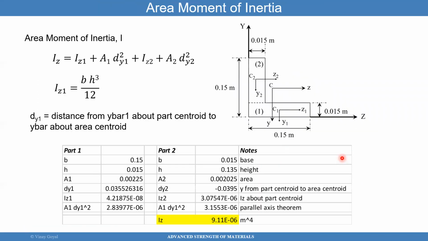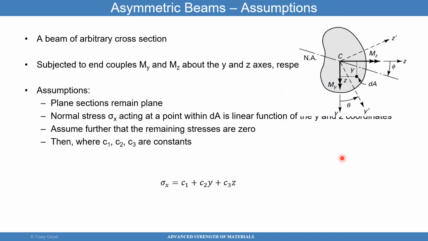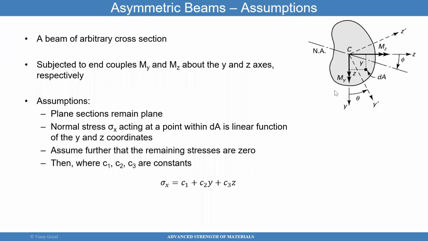So let's just go through the theory a little bit here. We will consider a beam of arbitrary cross-section, and it has axes as you can see here. We have the z-axis and the y-axis pointed here.